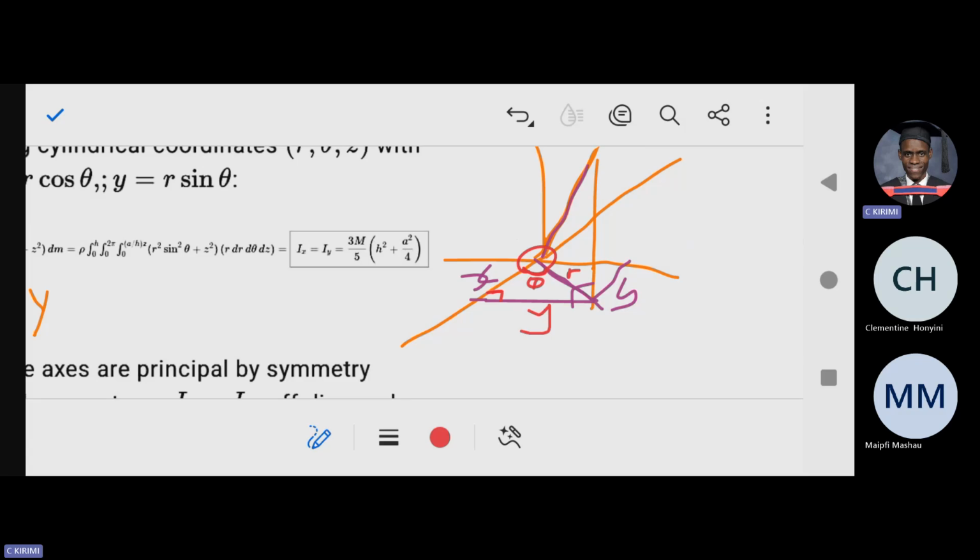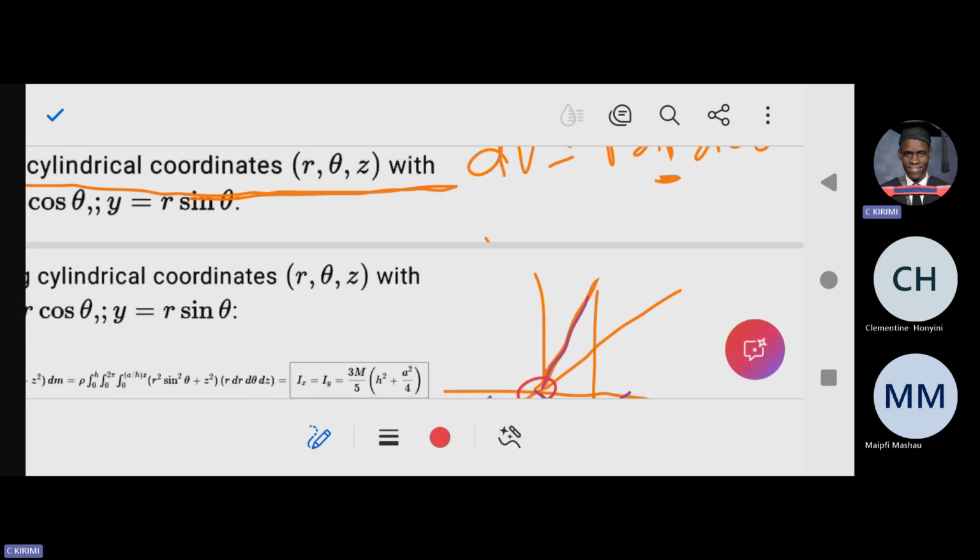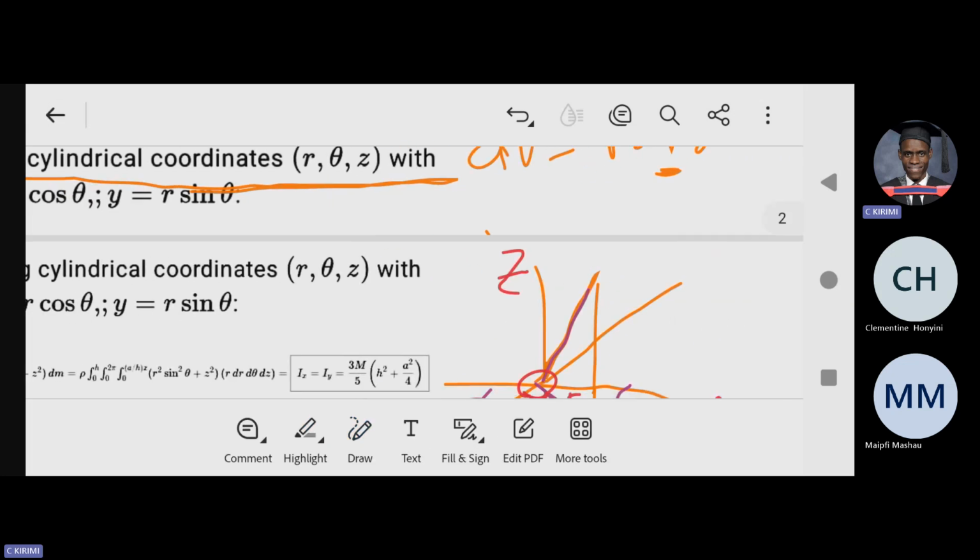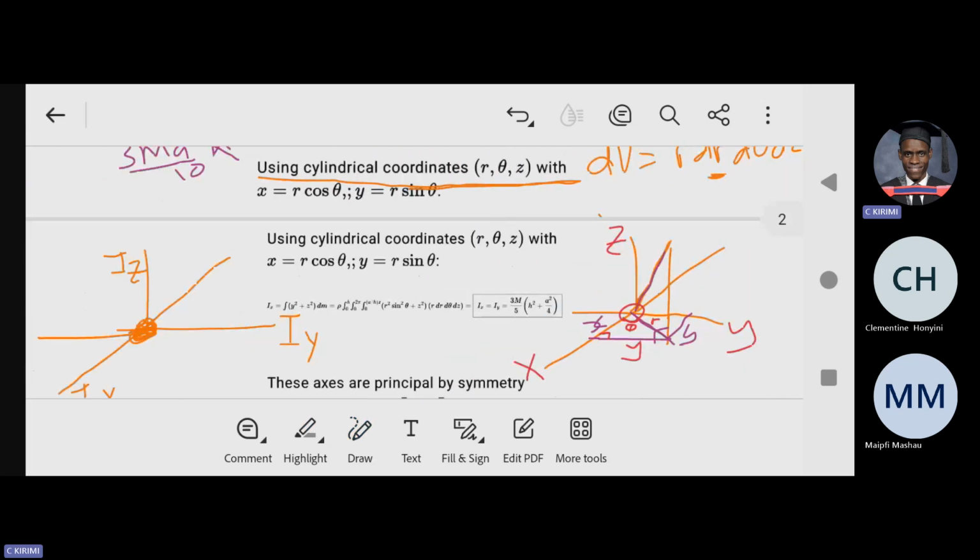You can see it from that. This is the y-axis, this is the x-axis, and the top one is the z-axis. You must be in a position to draw these diagrams in 3D so that you can see them properly.